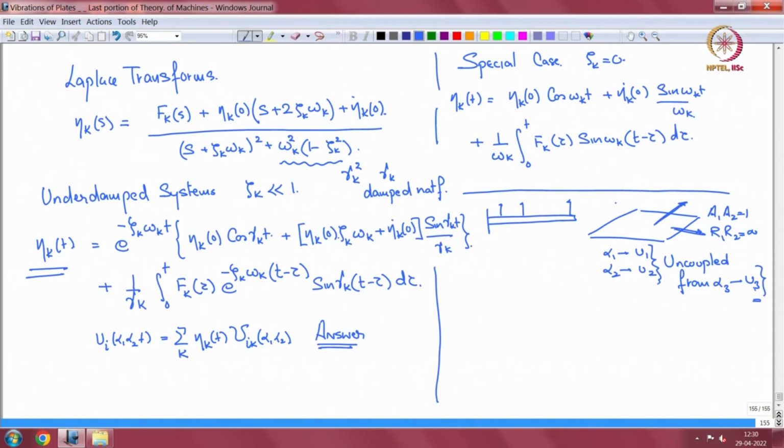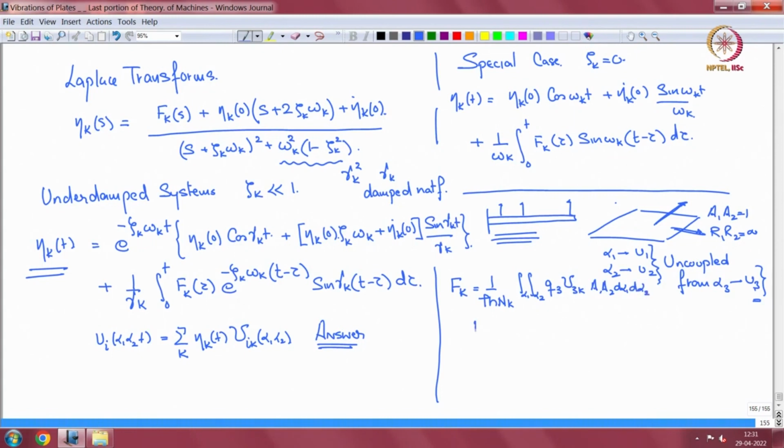So if such systems come up where u3 happens by itself, then f k will be 1 over rho h n k times the integral over alpha 1 alpha 2, as the case may be. If it is 1D, there will be only one integral, but if it is a general 2-dimensional surface, q3 forcing and the u3 mode shape, A1 A2 d alpha 1 d alpha 2.